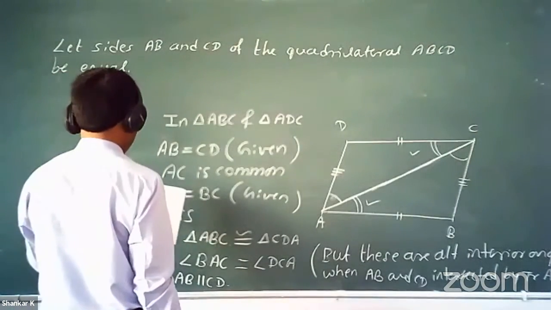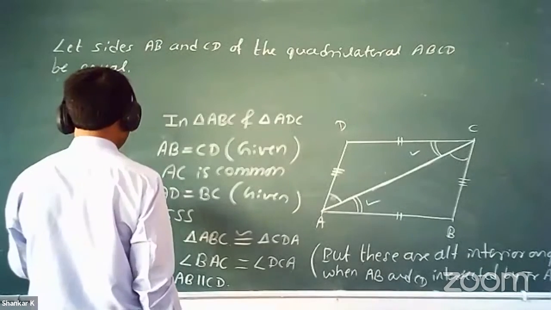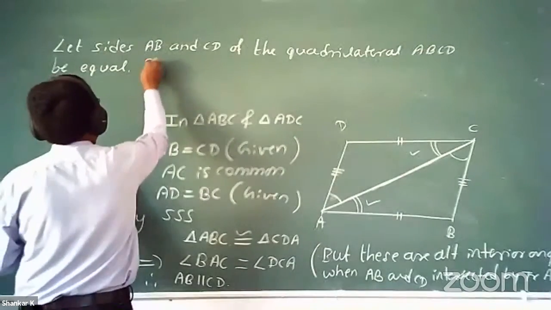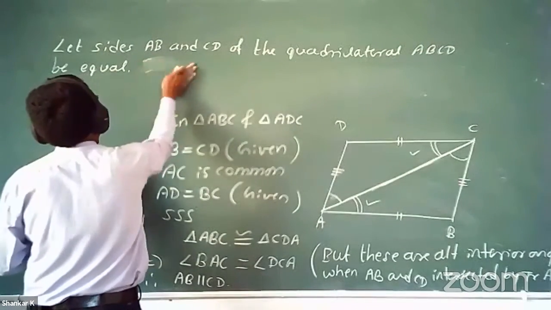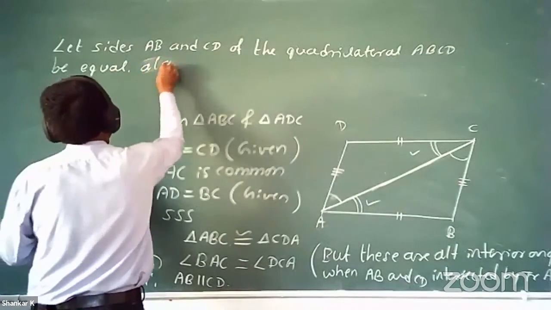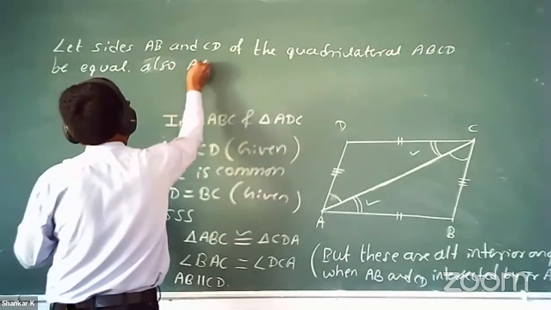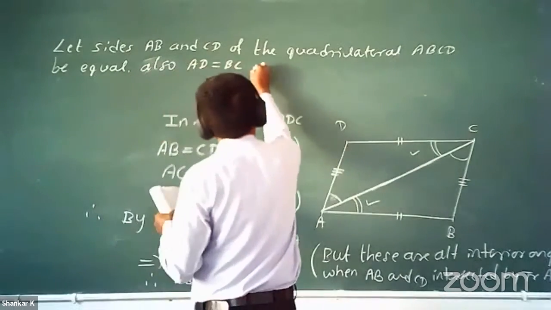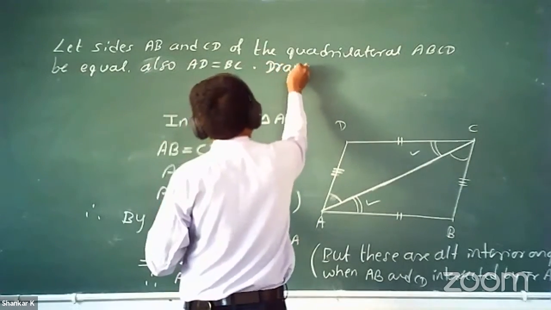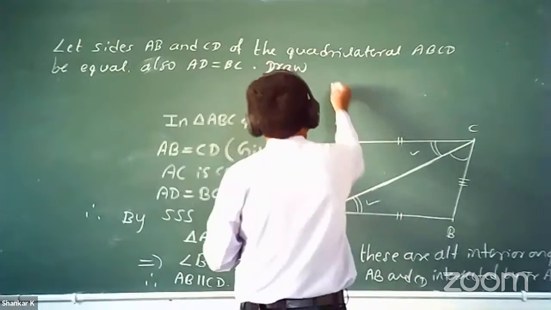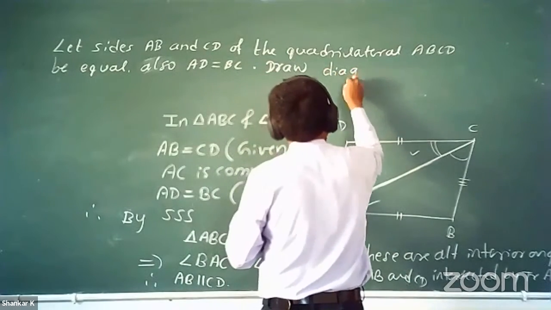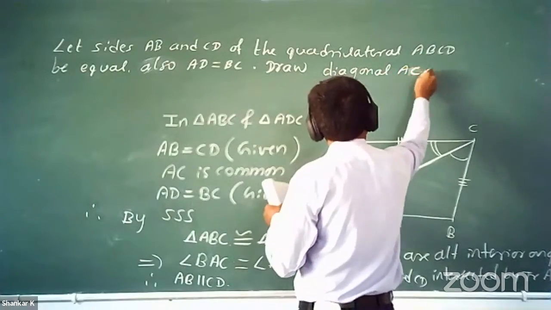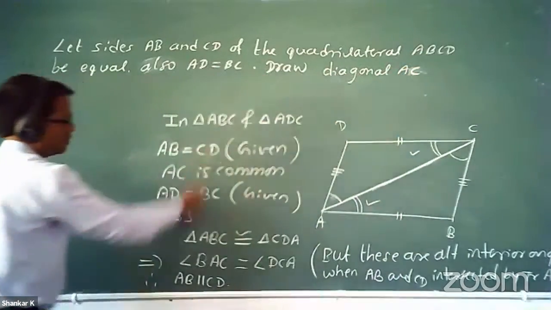AB equal to CD. Also AD equal to BC. Draw diagonal AC. So now we can write this much.